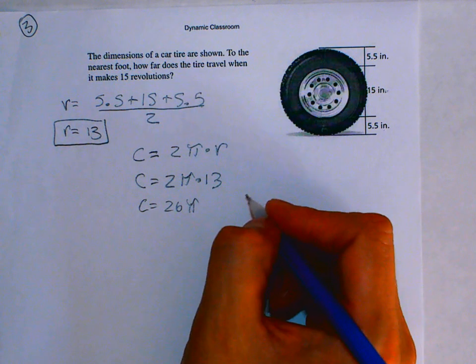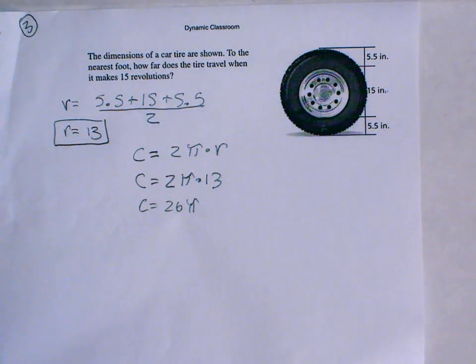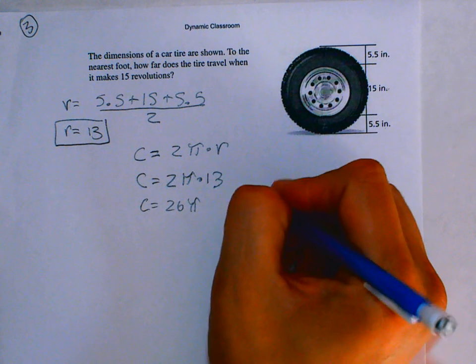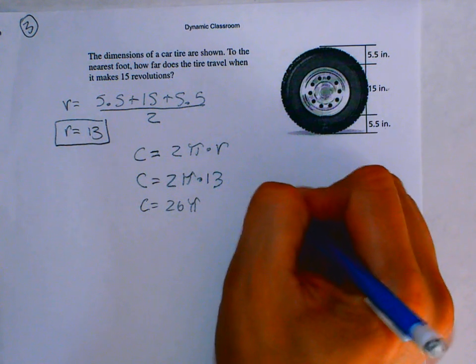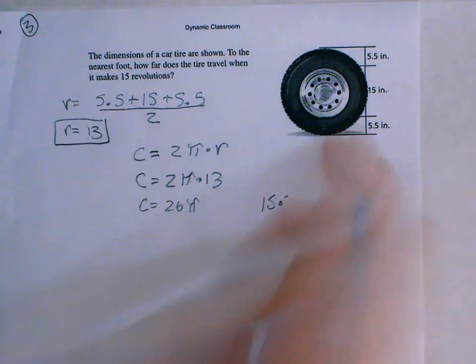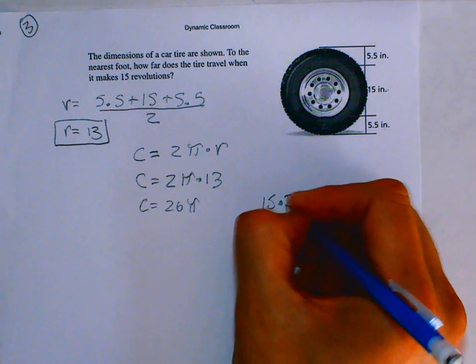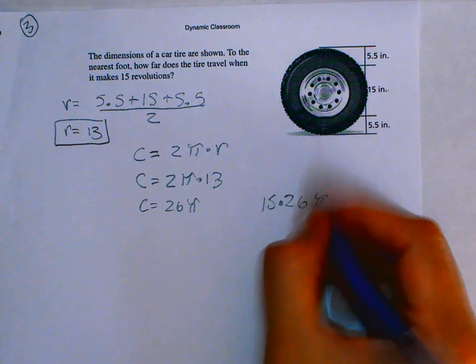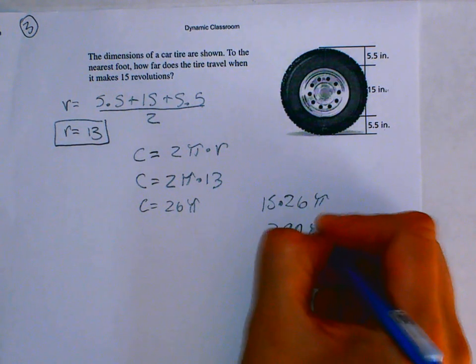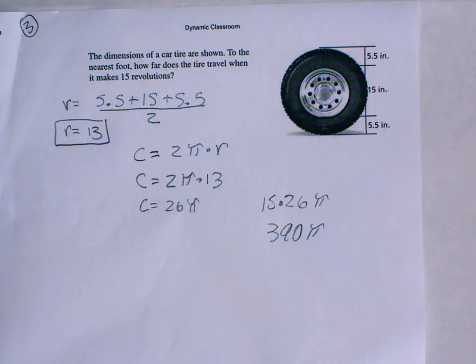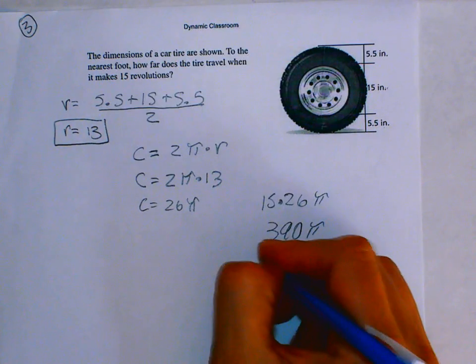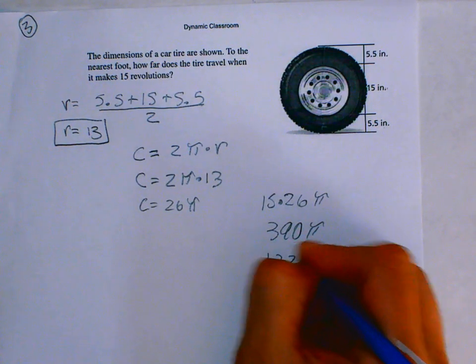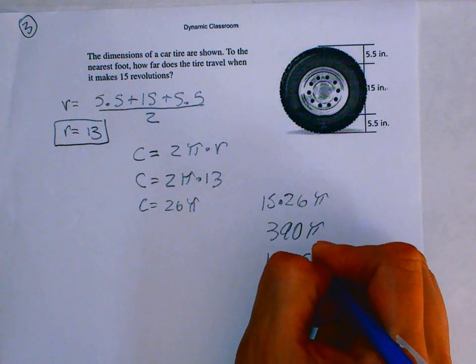If they want to know how much it's going to be with 15 revolutions, all you have to do is multiply 15 by the 26 pi. So 15 times 26 is 390 pi. Multiply that by pi, and I get about 1,225.2.